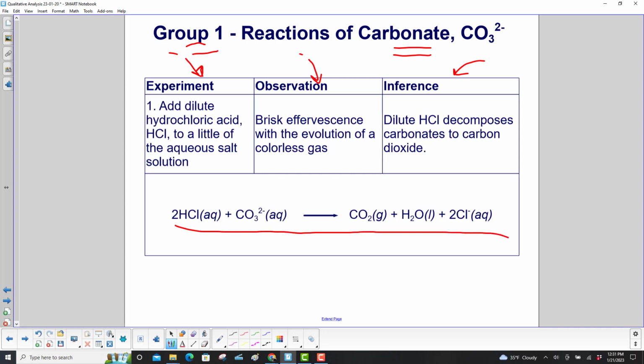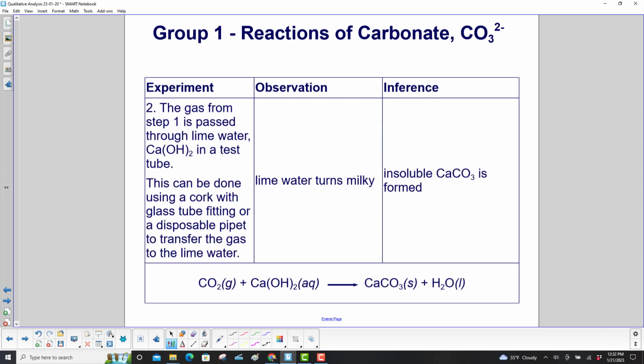So Group 1, reactions of carbonate. First, we add dilute hydrochloric acid to a little bit of the aqueous salt solution. We observe brisk effervescence with the evolution of a colorless gas. The inference is that dilute hydrochloric acid decomposes carbonates to carbon dioxide. Step 2.